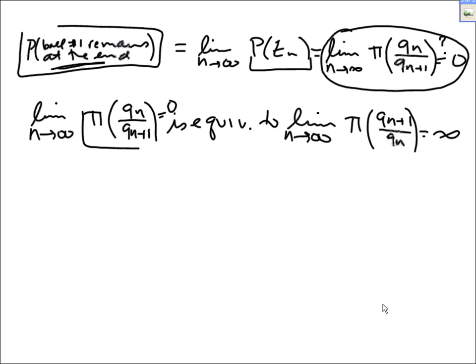The limit of this equals 0 is the same as the next limit of that being infinity. All I did was take the reciprocals.